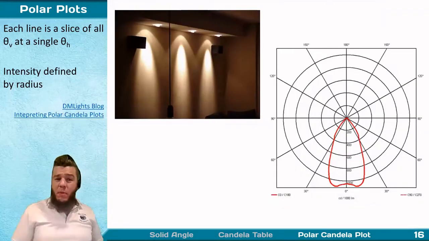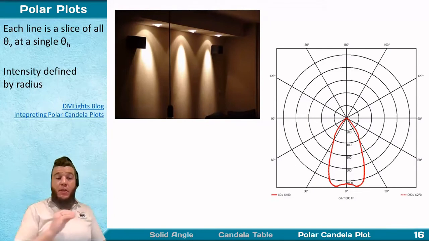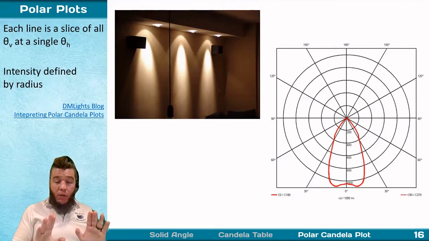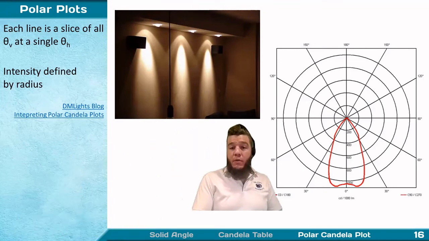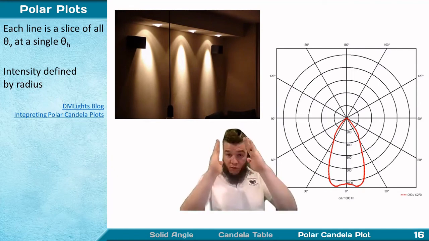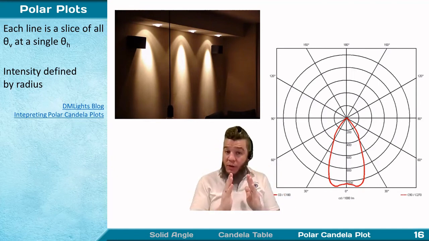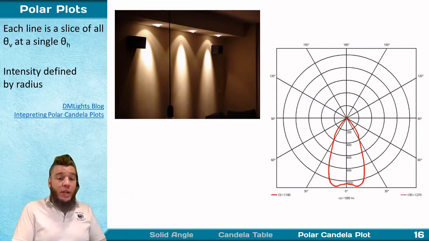So let's take a look at a couple more examples of this. Here we have some can downlights that are pushing light onto a wall. Here is the polar candela plot for these luminaires right here. So you can see that it's pushing light straight down in one direction with a fairly narrow distribution. So I have a couple questions for you.